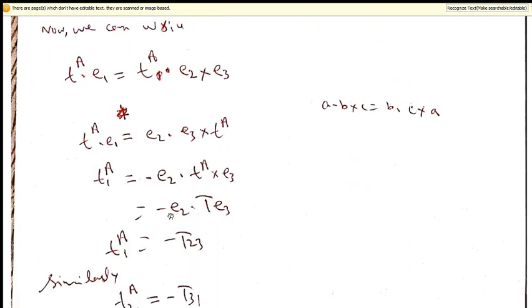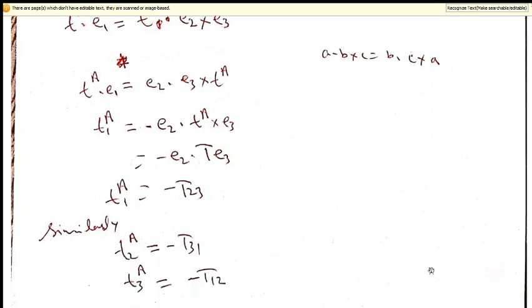So we have E2 dot TE3, and by definition it will be T23. T1 equals minus T23. So what does this mean? That the first component is equal to minus T23. Similarly, the second will be minus T31, and the third will be minus T12.